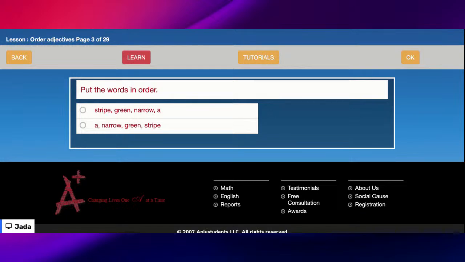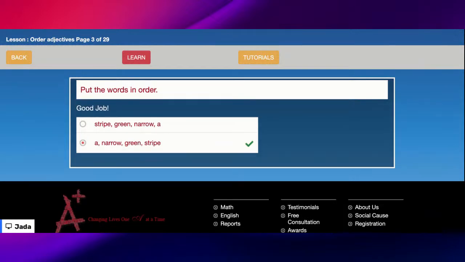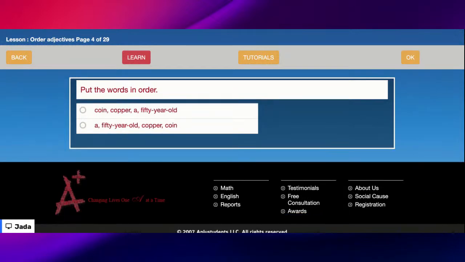Two. Okay, next one here. Give me your answer here. What is the right answer here?